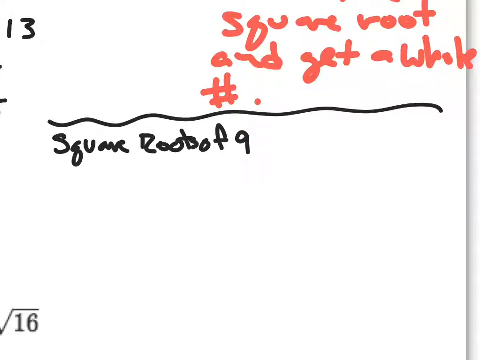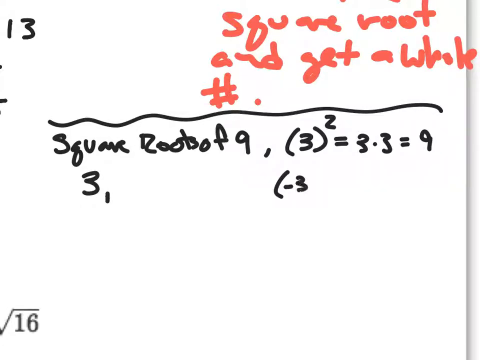Now, I could take 3 and square it, meaning I'm going to take 3 times 3, which is going to give me 9. So one of my answers is 3. The other thing I want to consider is that I could take negative 3 and square it, which means I would take negative 3 times negative 3, which would also give me positive 9.